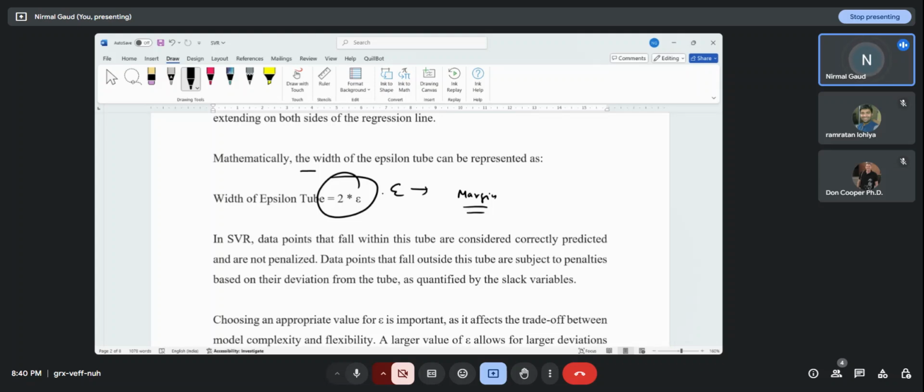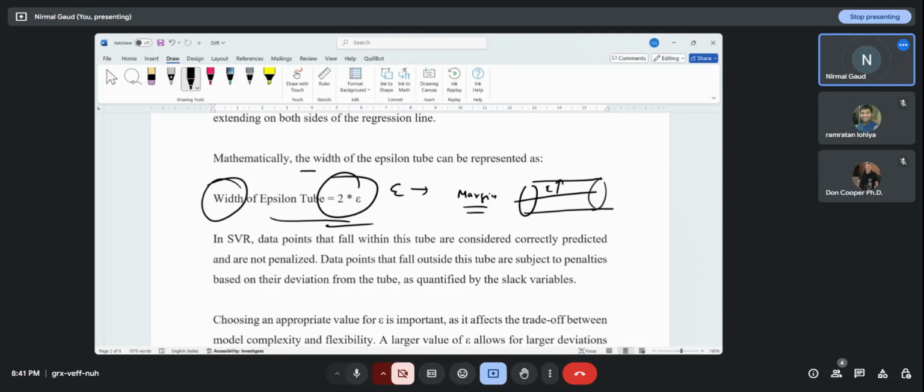Here also we want to increase the width of the epsilon tube, which is 2 into epsilon. Epsilon we are taking from the regression line till the boundary of your tube.